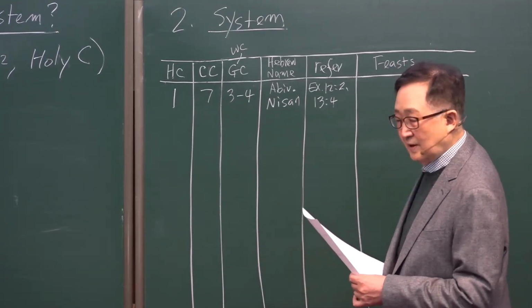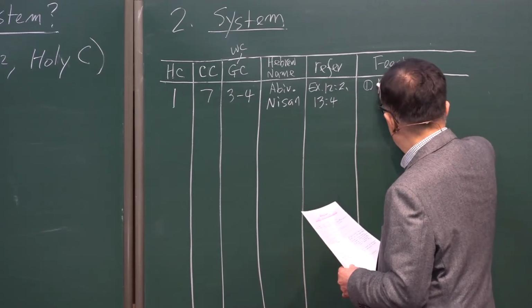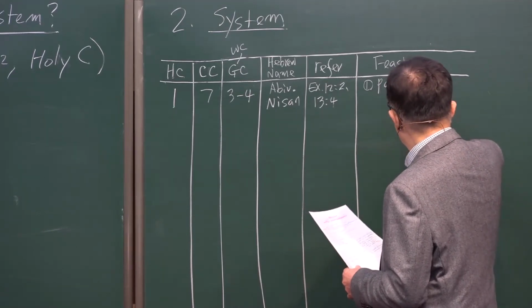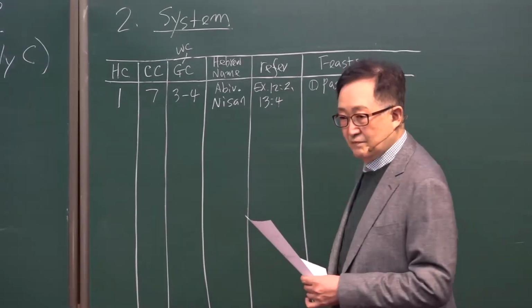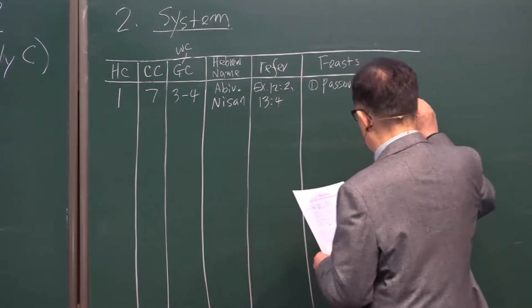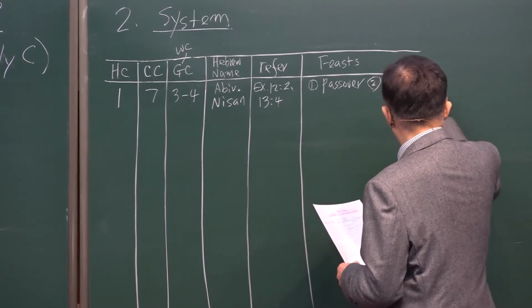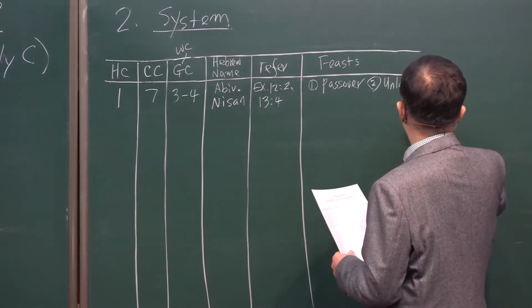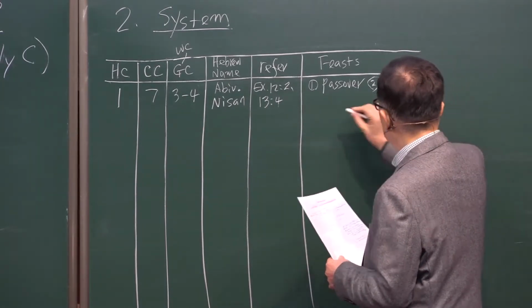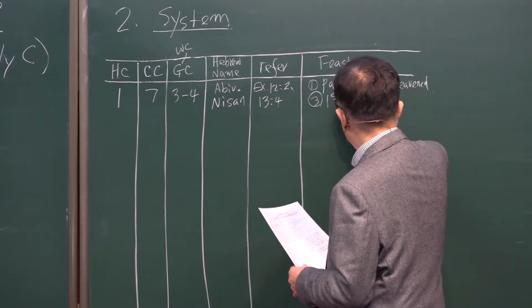In this particular month, there are 3 feasts. It's the Passover feast, and the Unleavened feast, and the First Fruit.